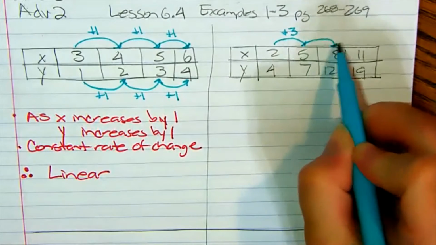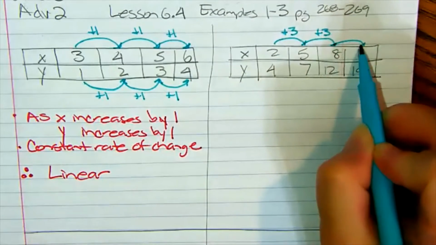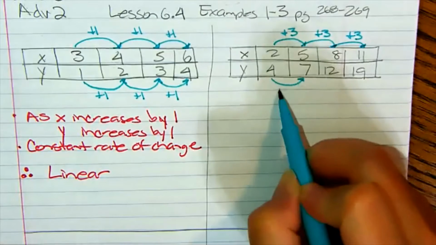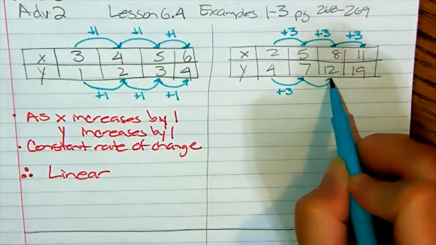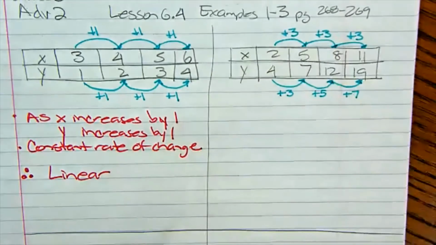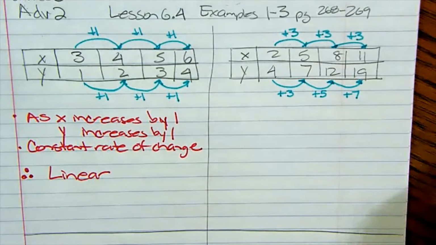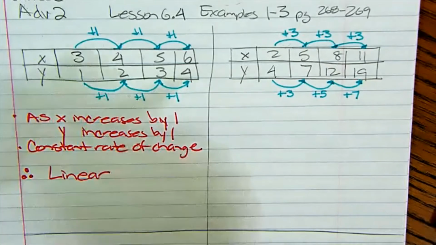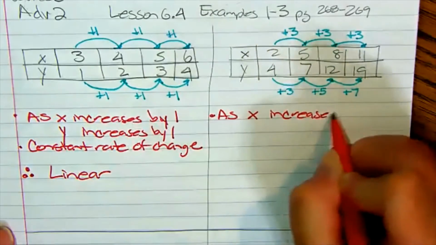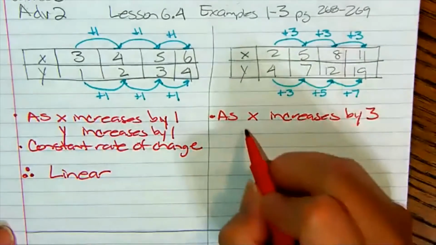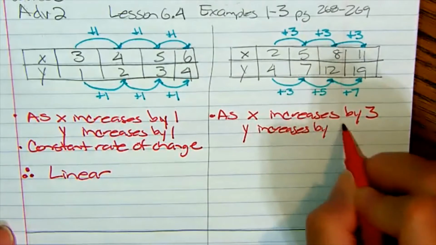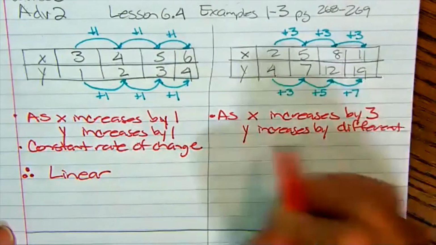So we're going to look at our patterns. For x: +3, +3, +3. Okay, let's take a look at our pattern for y: +3, +5, +7. So as x increases by 3, y increases by different amounts.